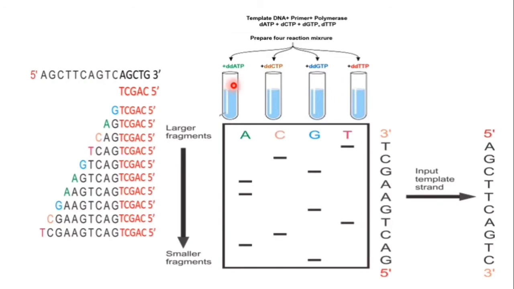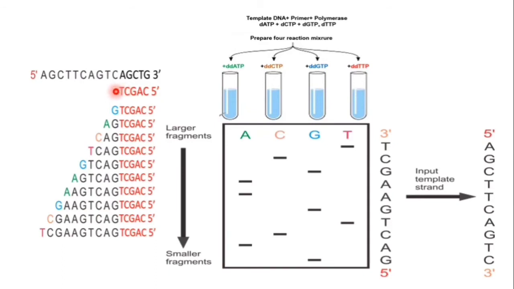Here the amplification will be terminated by ddATP, in this tube by ddCTP, here by ddGTP, and in this tube by ddTTP. When adding nucleotides, the polymerase will add nucleotides into this primer, and sometimes, randomly, the polymerase will add ddNTPs, that means dideoxynucleotides, into this primer.